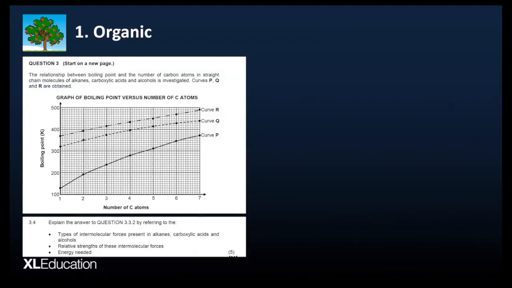Let's have a look on another one. Explain answers to question 3.2 by referring to the types of intermolecular forces. You are seeing that we have already addressed it earlier on when we said you should know that carboxylic acids, what type of force is in carboxylic acids? That is hydrogen bonds.